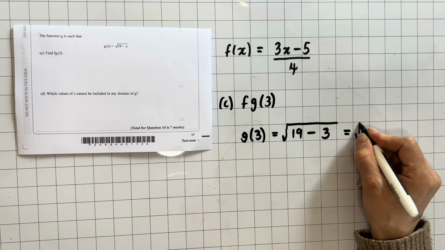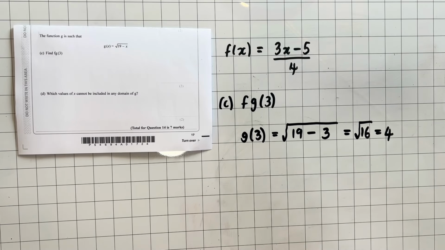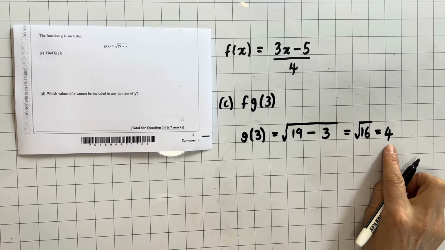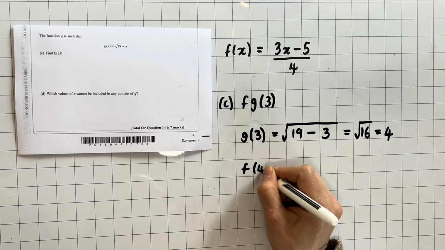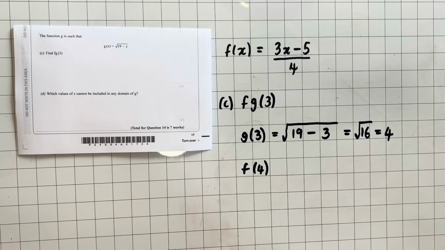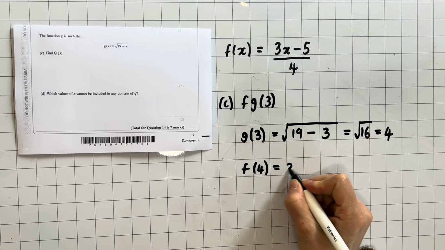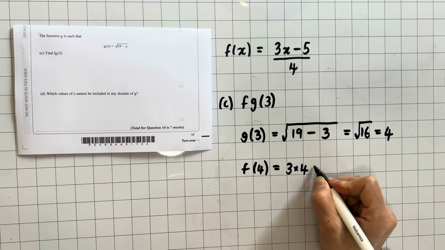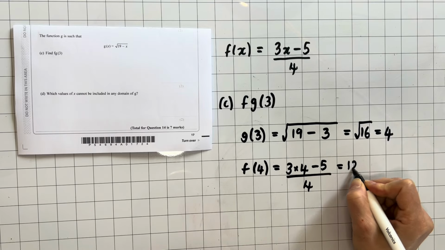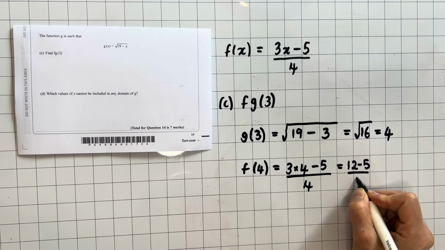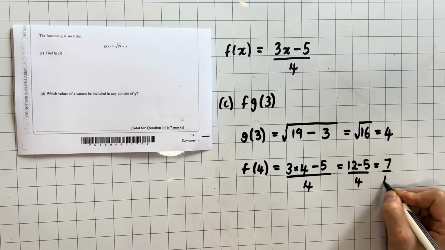This will give us the square root of 16, which we know is 4. Now, if we use this 4 in the function f, where we see x, we're going to replace it with 4. So we get 3 times 4, take away 5, all over 4, which gives us 12 take away 5 over 4, leaving us with 7 over 4.